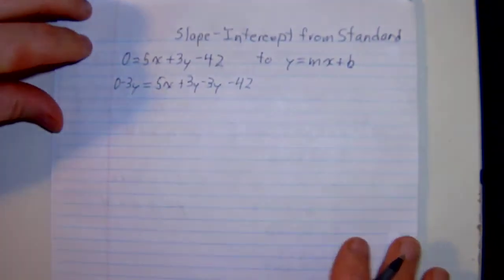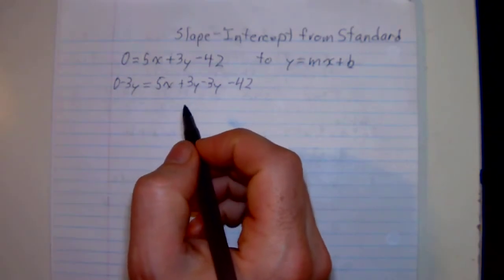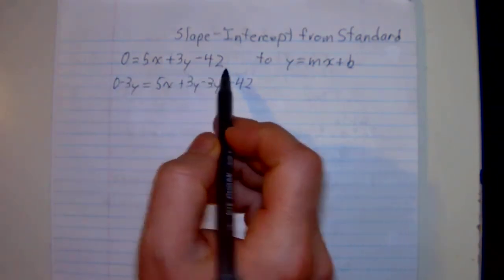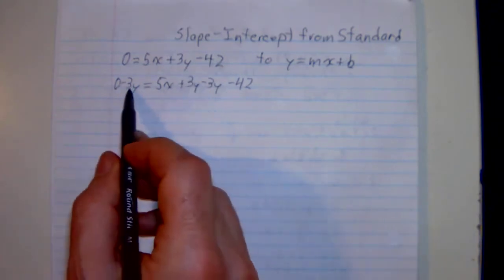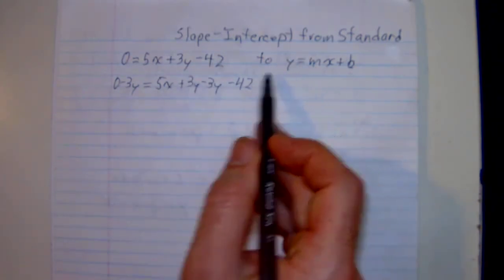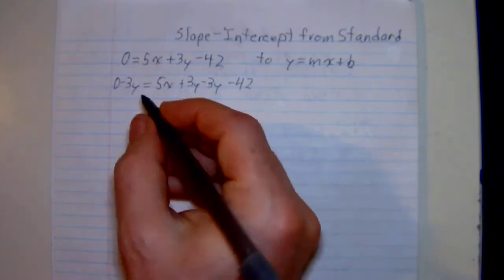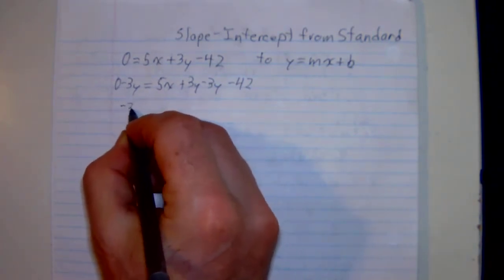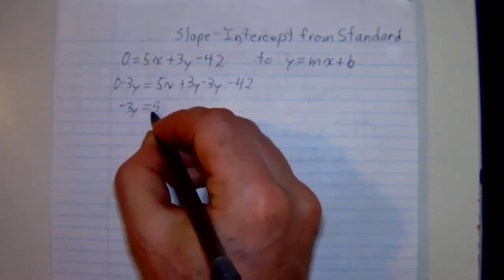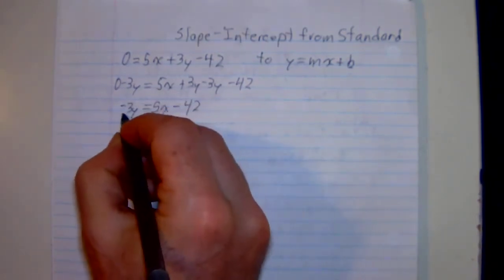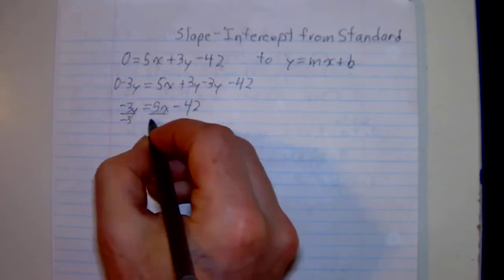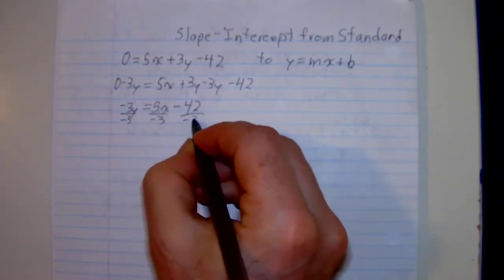So slope-intercept from standard form. There's our standard form line. We want it in slope-intercept form. And to move this 3y over here and get the y by itself, I've subtracted 3y on both sides. So negative 3y equals 5x, 3y minus 3y is 0, minus 42, divided by negative 3.